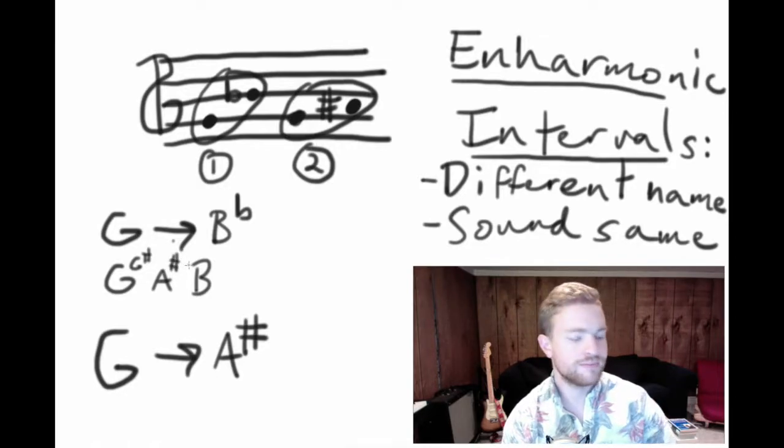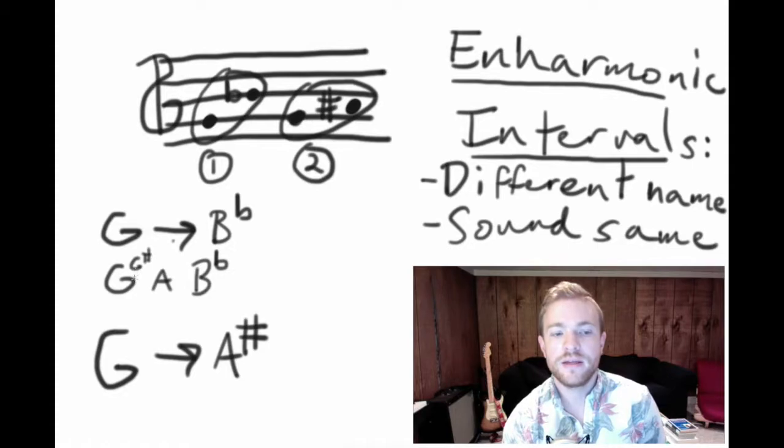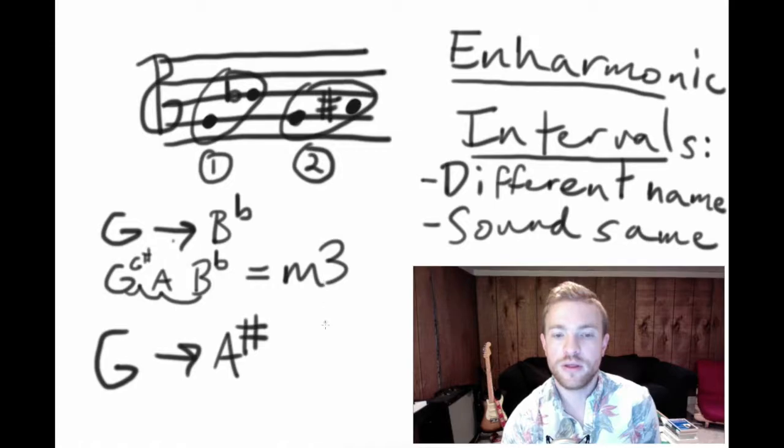But then, well, we're actually not even going to A sharp because we're going to B flat instead. So how many chromatic half steps do we have here? That's 1, 2, 3 chromatic half steps. And hopefully you're starting to catch on to this by now, that a third that contains three chromatic half steps, we call that a minor third.